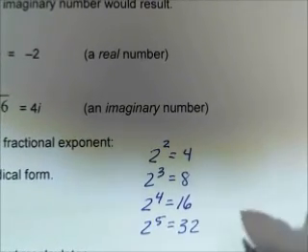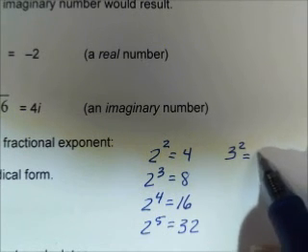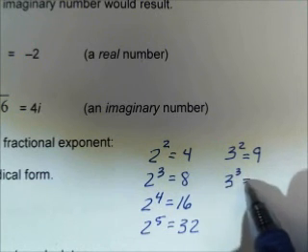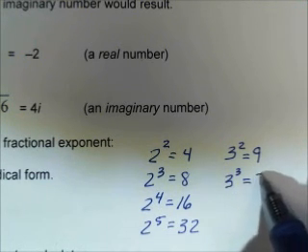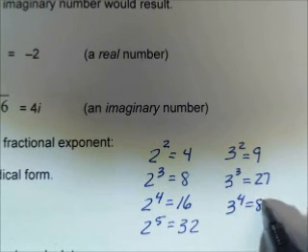Some powers of 3. 3 to the second, or 3 squared, is 9. 3 to the third, or 3 cubed, is 27. And 3 to the fourth is 81.